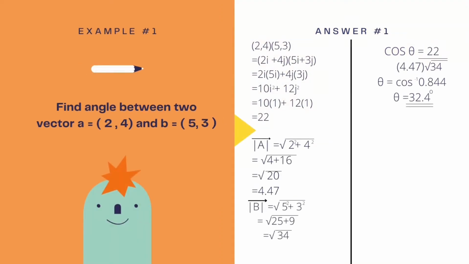Find angle between two vectors A equals (2, 4) and B equals (5, 3). A equals 2i plus 4j, B equals 5i plus 3j.